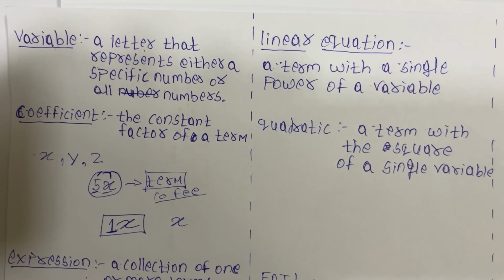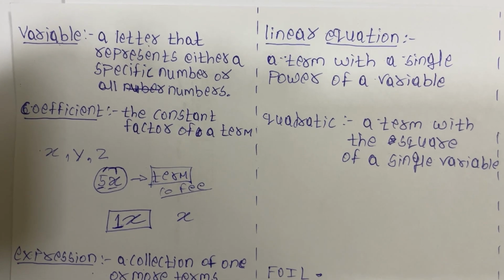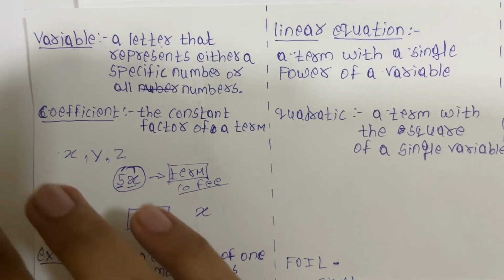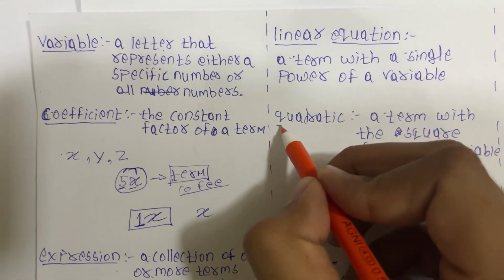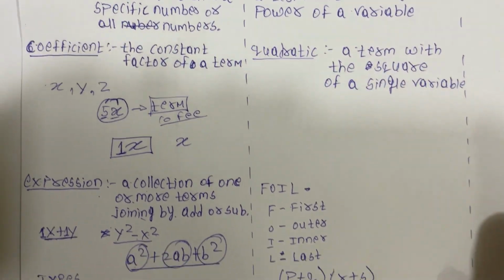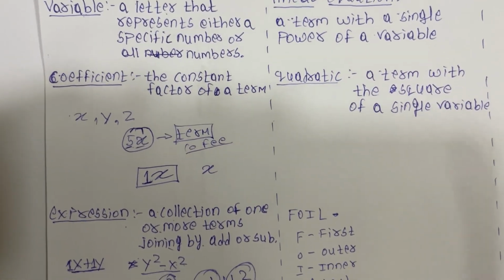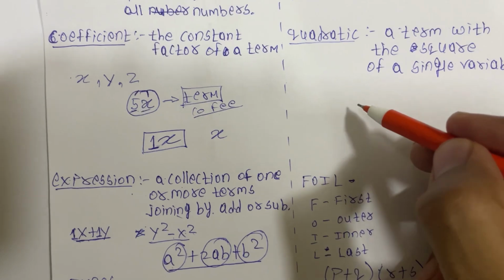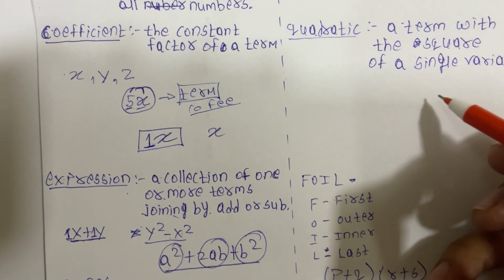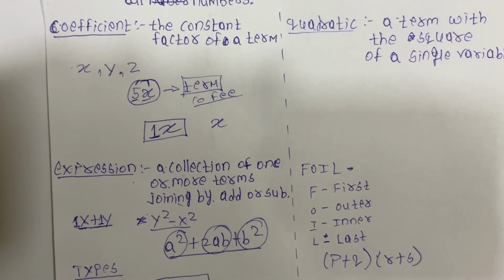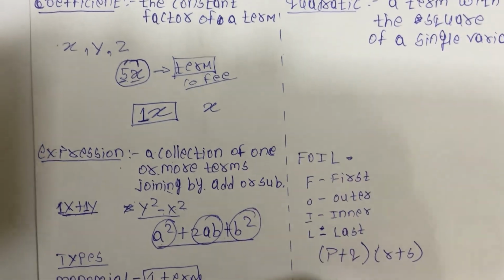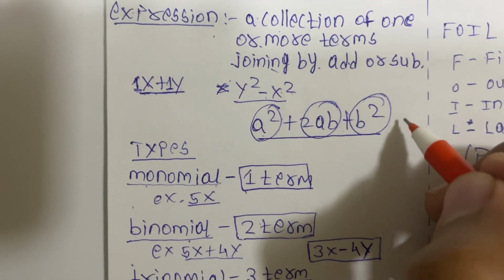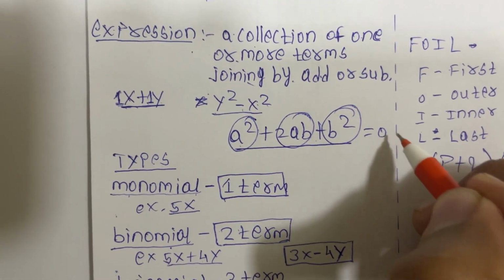Further we are going to learn about equations. So there are two types of equations. Just a thing to note, an expression is not always equal to something. It is written in this form only, it is not like equal to 0 or equal to 10.